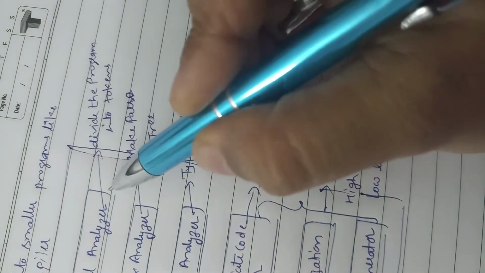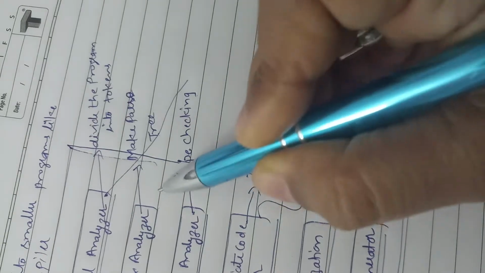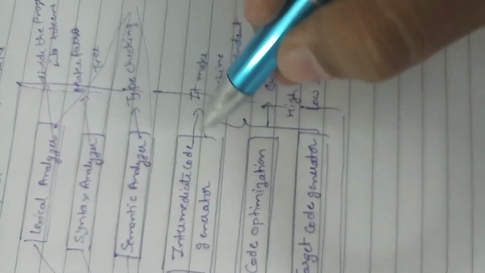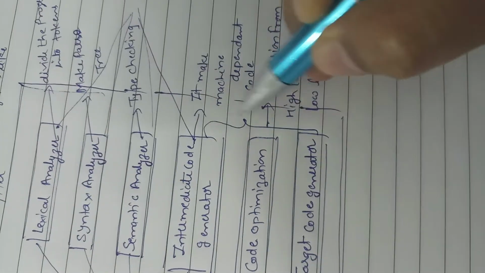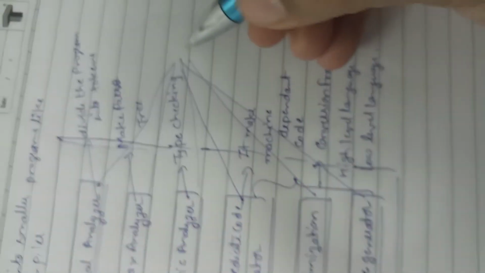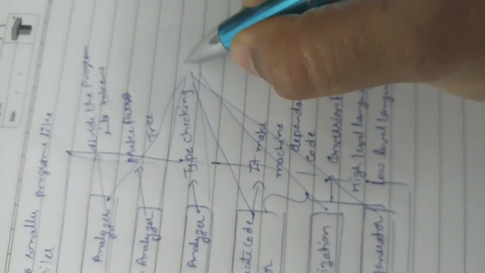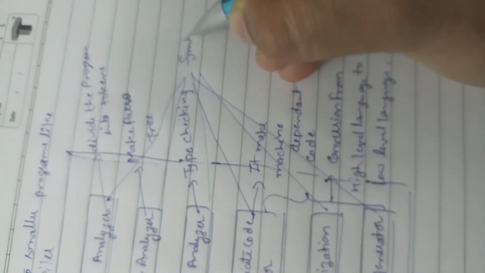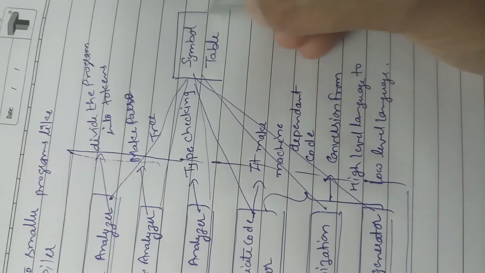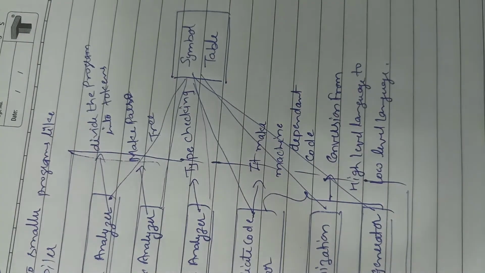And in the same way, all of these, lexical analyzer, syntax analyzer, semantic analyzer, intermediate code generator, code optimization and target code generator, are all associated with the symbol table.